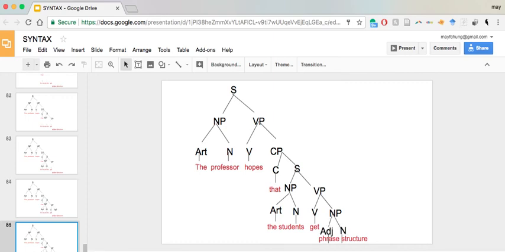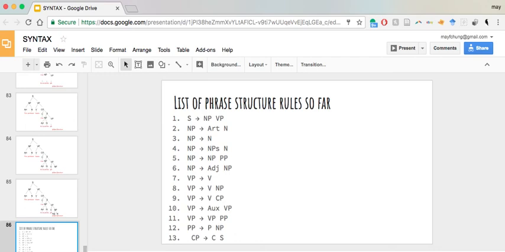So that's how you do embedded clauses. It's not as tricky as it seems. It's just trying to figure out, is there another phrase in my sentence that can also stand in for its own sentence? Like, is there an embedded clause in this sentence? Whether you believe it or not, you've learned all these phrase structure rules so far.